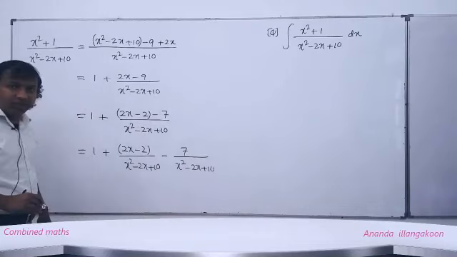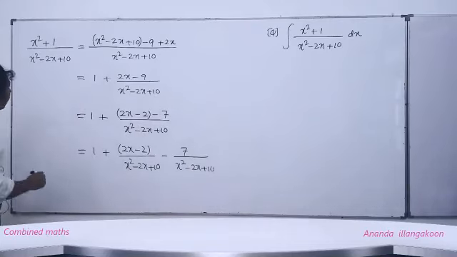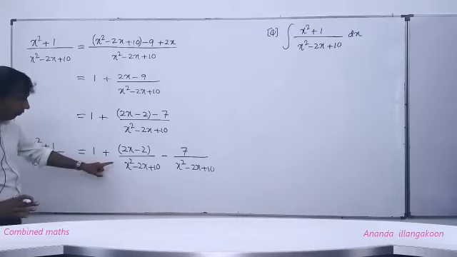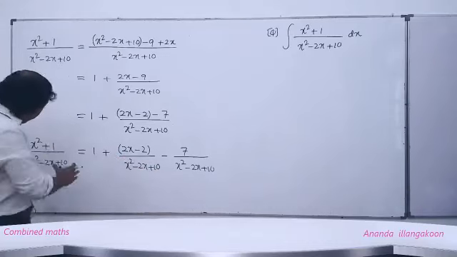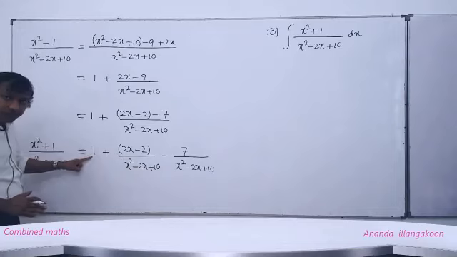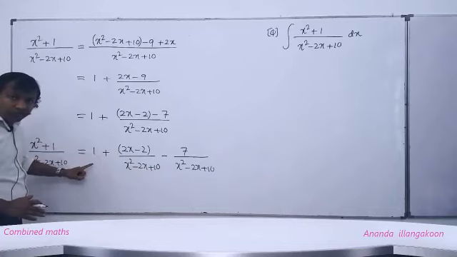Now see how to take the answer. The left hand side, x squared plus 1 divided by x squared minus 2x plus 10, this function we can write this way. So now once you integrate the left hand side and right hand side, you know how to integrate this. When you integrate 1, what is the answer? x.